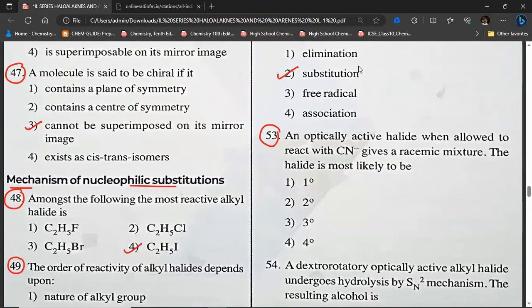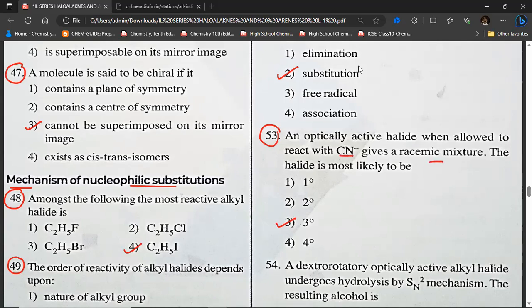53. The optically active halide allowed to react with CN minus gives a racemic mixture.